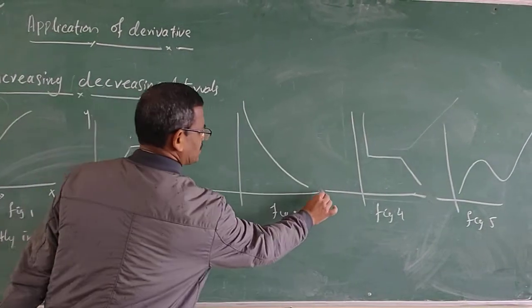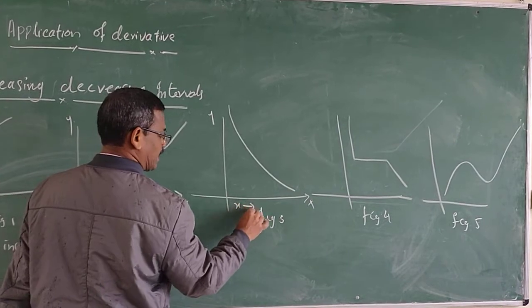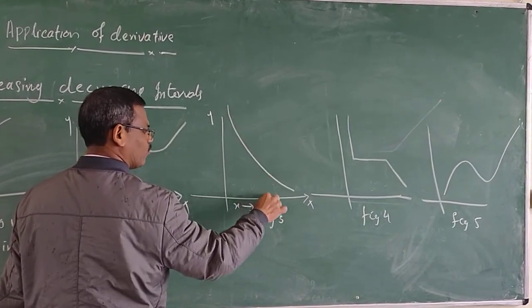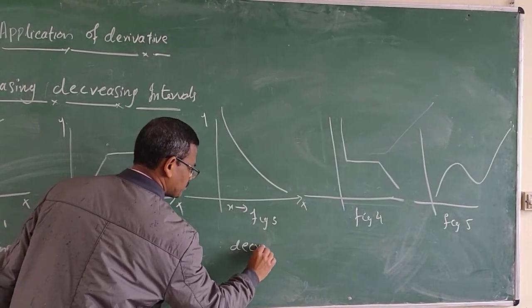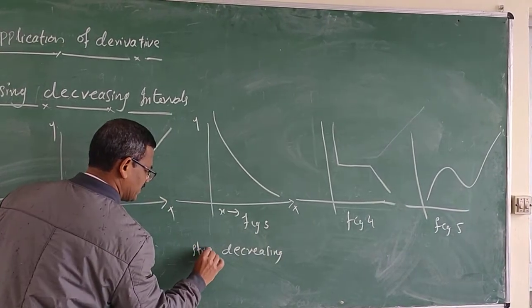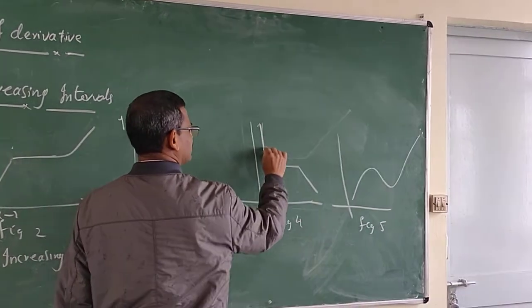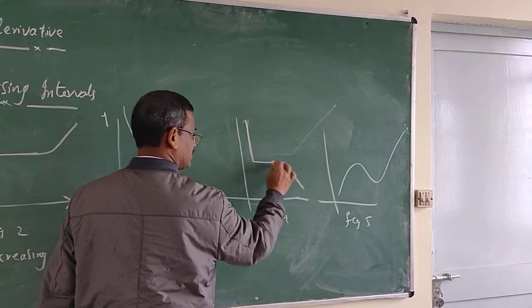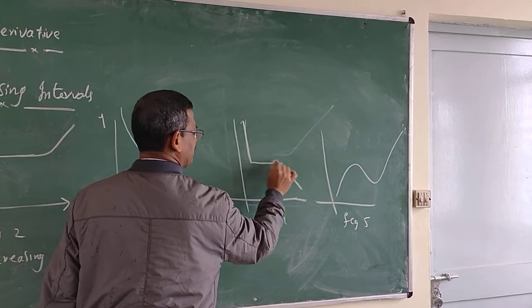And here you come, this is x and this is y. When x moves like this, x increases, you can see that the function is coming down. Function value is coming down. So it is decreasing, or you can say strictly decreasing. And here you can see that when x increases, y also decreases, but at some stages it is coming as equal.